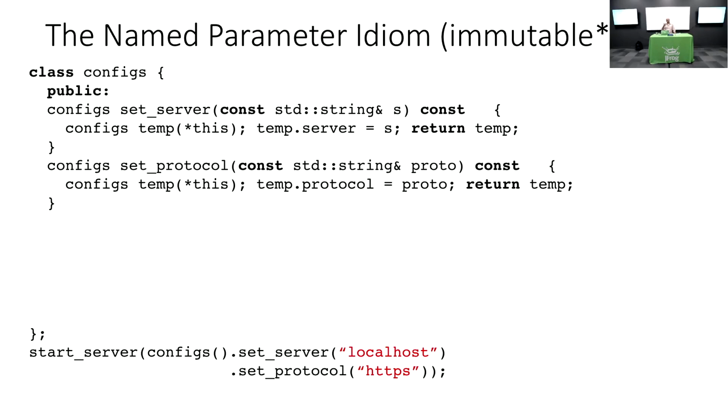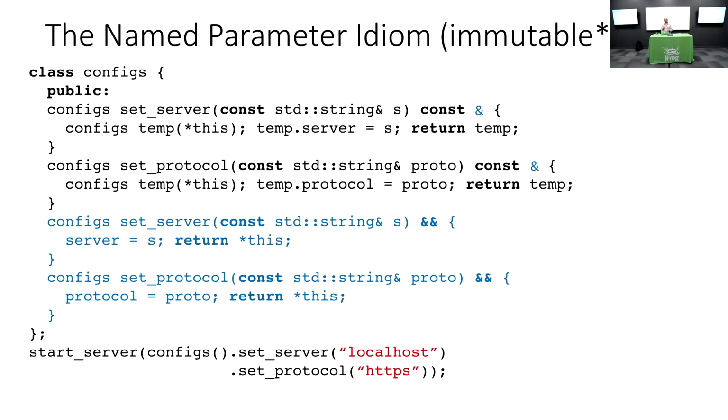This is the same as before. Set server and set protocol are the same as before, but they will only work on const objects. And note what I added. The code in blue has an ampersand at the end. So we overloaded the set server and set protocol functions with rvalue references.